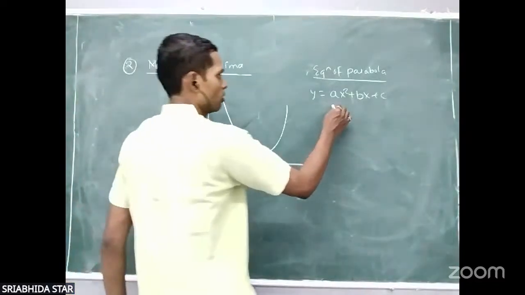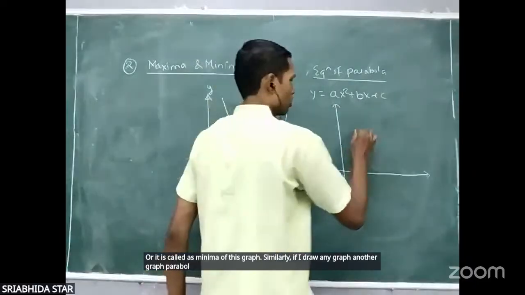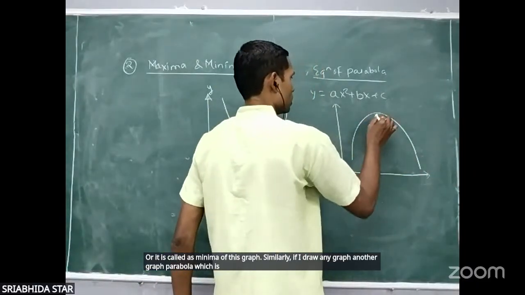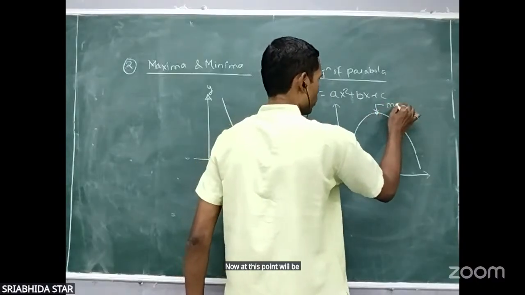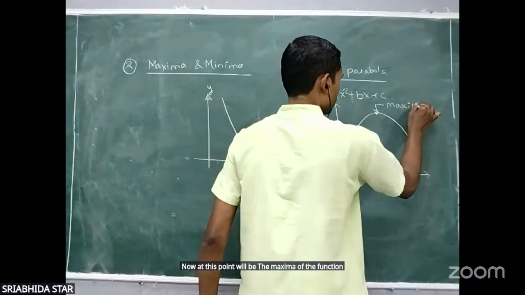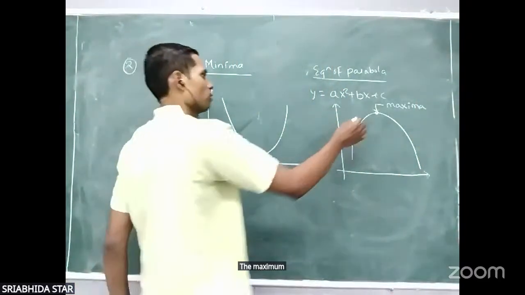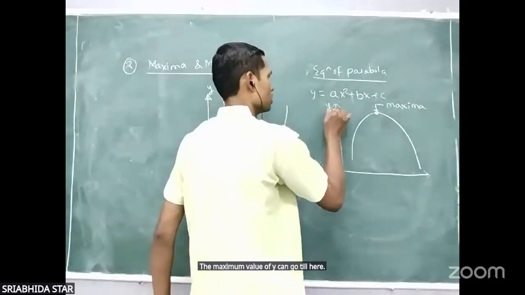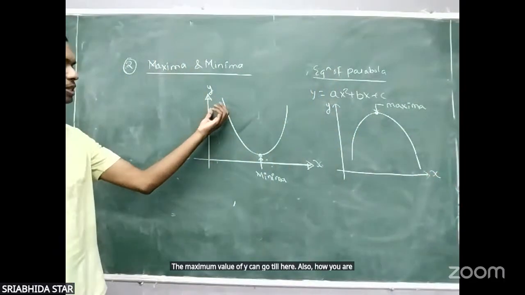Similarly, if I draw another parabola which is like this, now this point will be the maxima of the function. The maximum value of y can go till here. How, sir? Observe this graph.